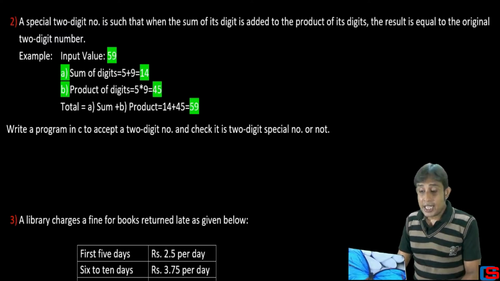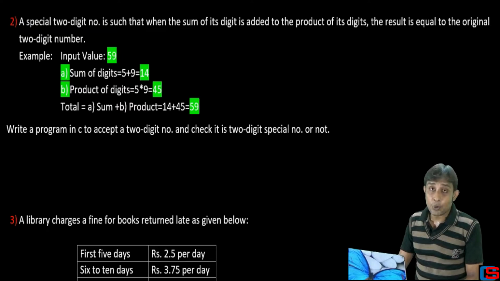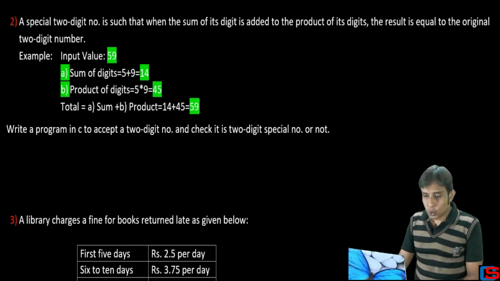Because 59 is the inputted value by the user, the number is 59, and after doing this calculation, the result becomes 59. If this happens, then this type of 2-digit number is known as a 2-digit special number.